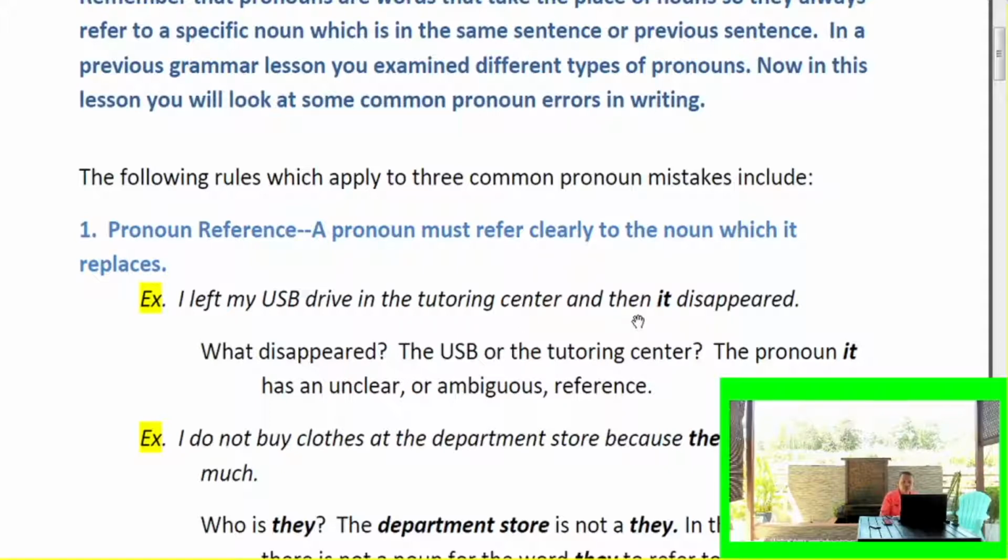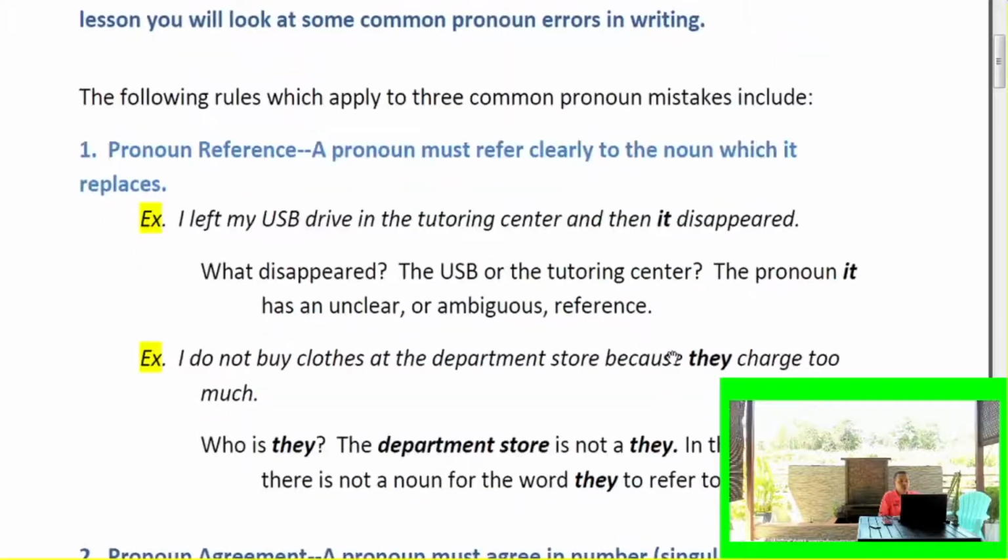The USB or the tutoring center? So the pronoun it has an unclear or ambiguous reference. Example number 2. I do not buy clothes at the department store because they charge too much. Who is they? The department store or the clothes?